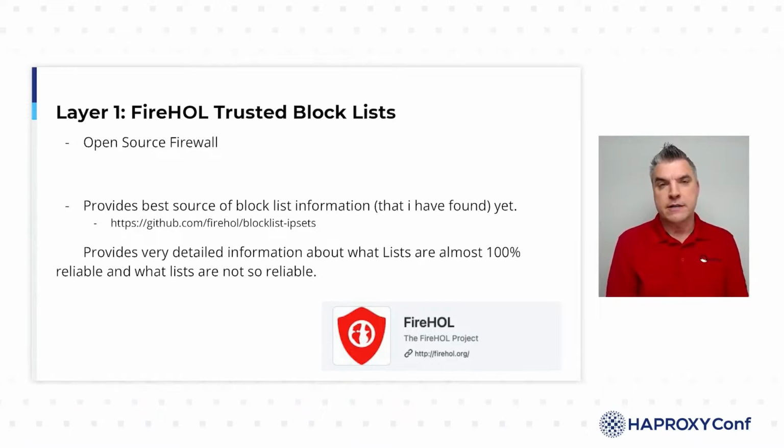If you go to FireHOL's website, especially their GitHub page, you can actually see every single list that's out there on the internet, how often the lists are updated, how many IP addresses are on the list, and you can even see historical data, how many IPs are on the list day over day, week over week, month over month, and year over year. And it even tells you how often the lists are updated.